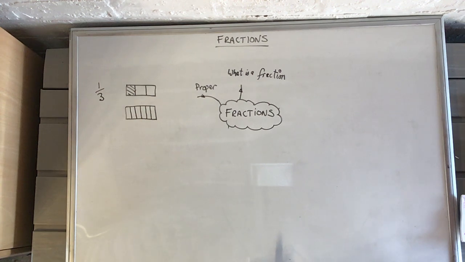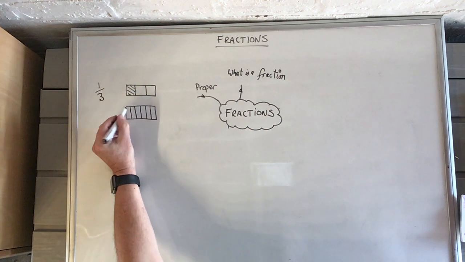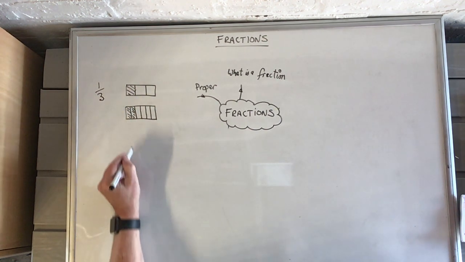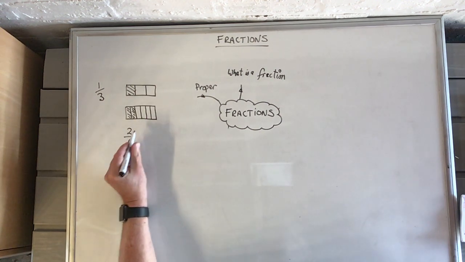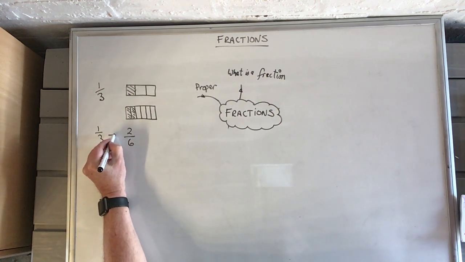I've now got 6 of them. And that one that I had, well, that takes up 2 of these, because I've halved them. So that would be 2 out of 6, representing exactly the same thing. So we can say that a third is equivalent to 2/6.